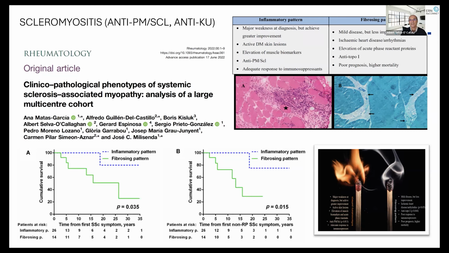So it's more or less a type of true inflammatory myopathy. But there are other patients with scleromyositis without such important inflammation, with not so high levels of CK and negative for the antibodies, okay?